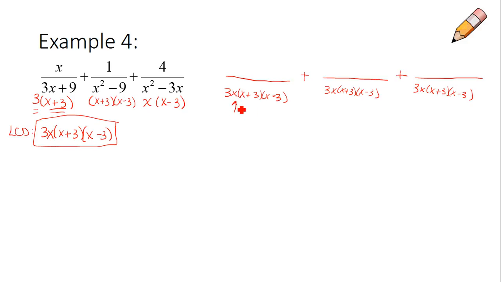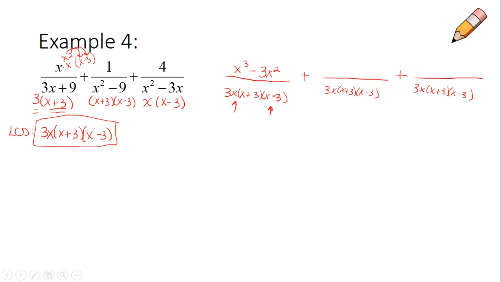This x is new, and this x minus 3 is new. So I need to multiply this x by another x, times x, and then times an x minus 3. So this becomes x squared times x minus 3. That becomes x to the third minus 3x squared. The x squared times the negative 3.